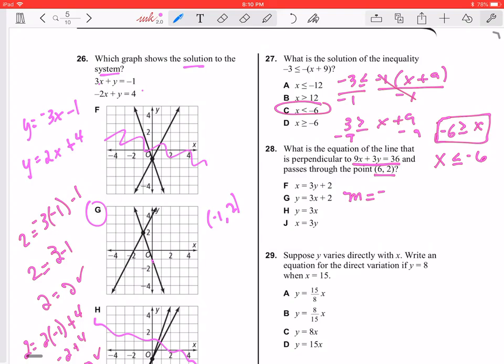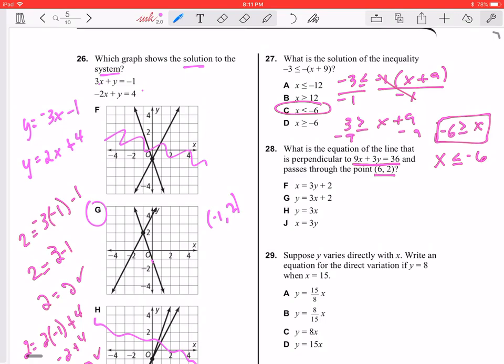Let me double check. I don't remember right offhand, so let's just solve it for slope-intercept.